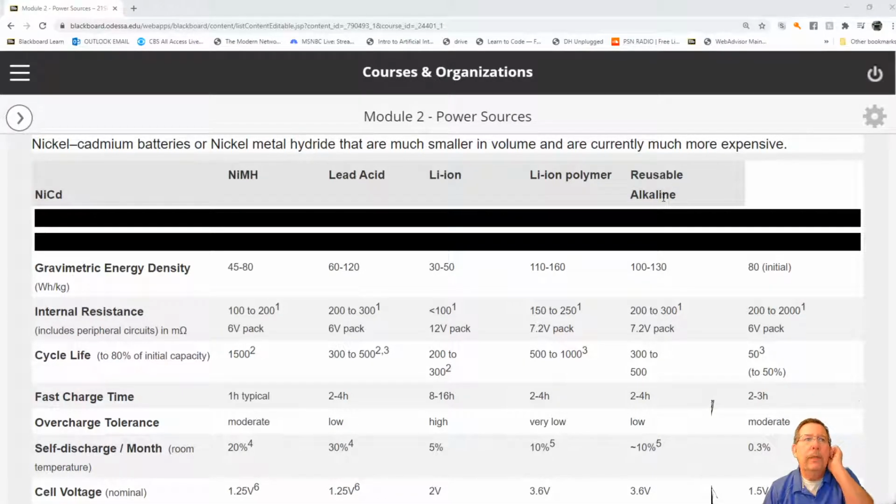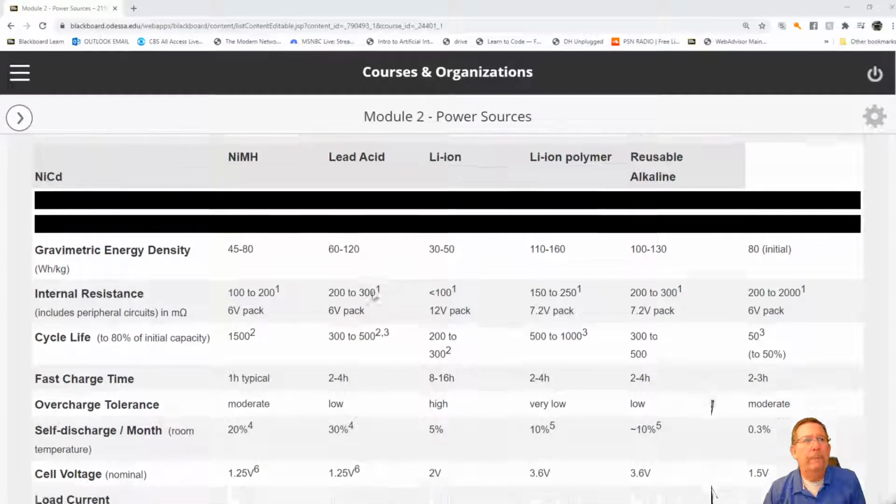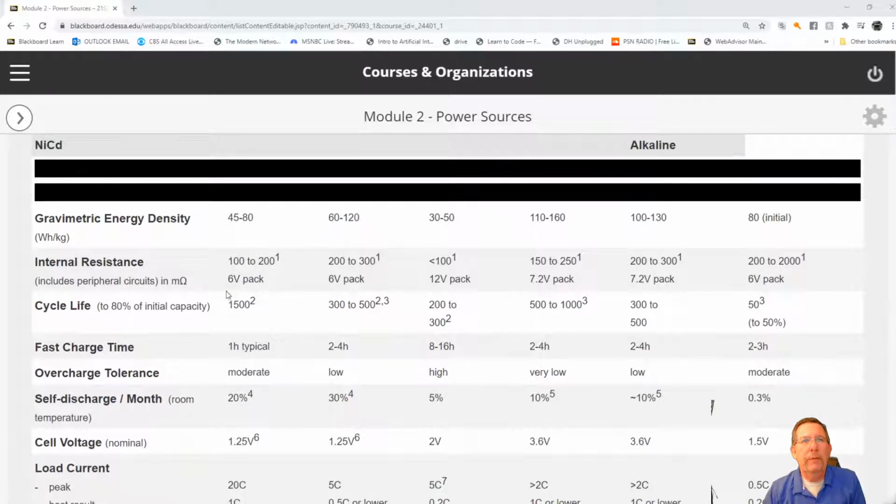I guess this is watt hours per kilogram, the gravimetric density of them, and of course, the bigger the number, the better here. Then the resistance they have, including peripheral circuit.